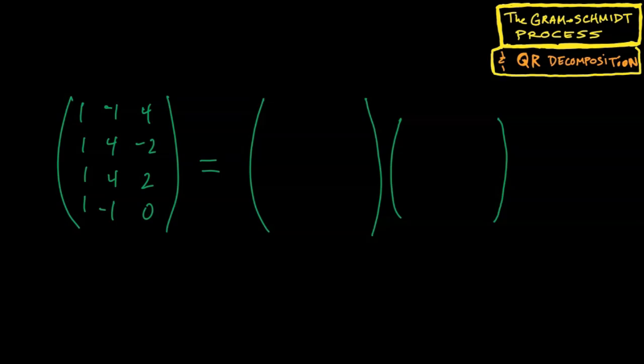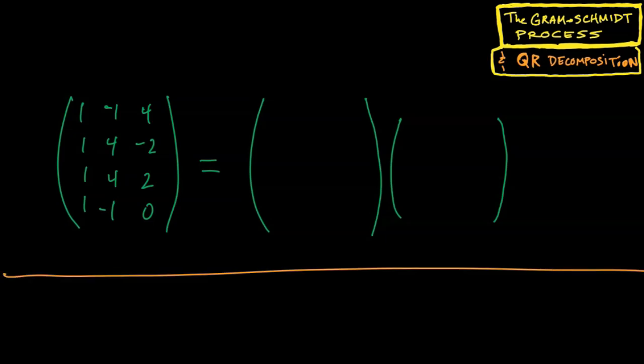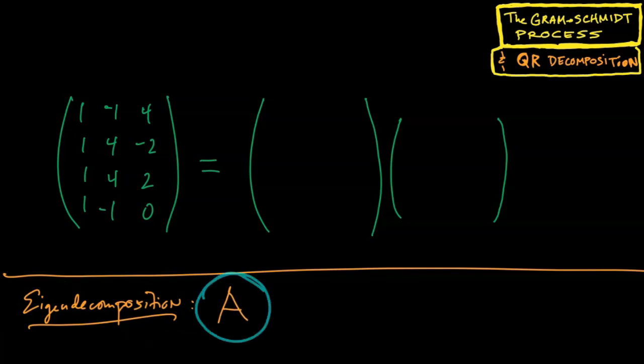And there are many different sorts of decompositions of matrices. For example, we have already discussed the idea of eigendecomposition, which allowed us to take any diagonalizable matrix A, in other words, a square matrix with enough linearly independent eigenvectors to form an eigenbasis, and rewrite it as a product of three matrices.